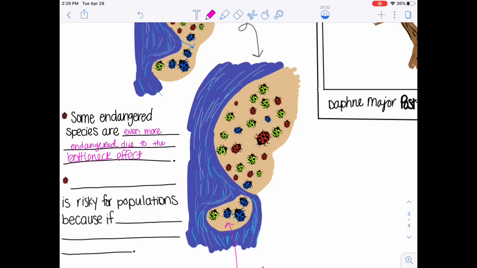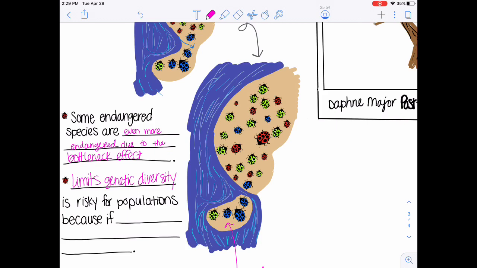If something can kill one, it will kill them all if they're all genetically similar to each other.